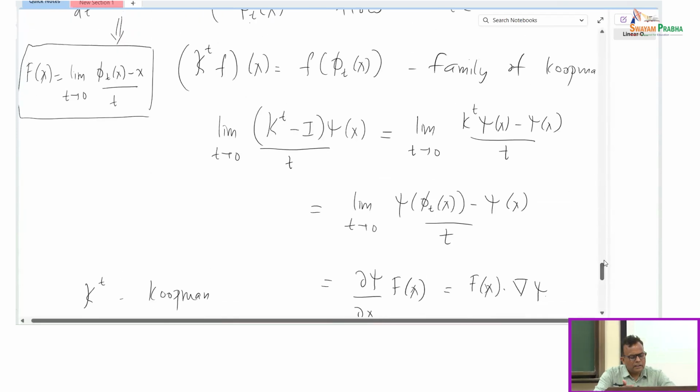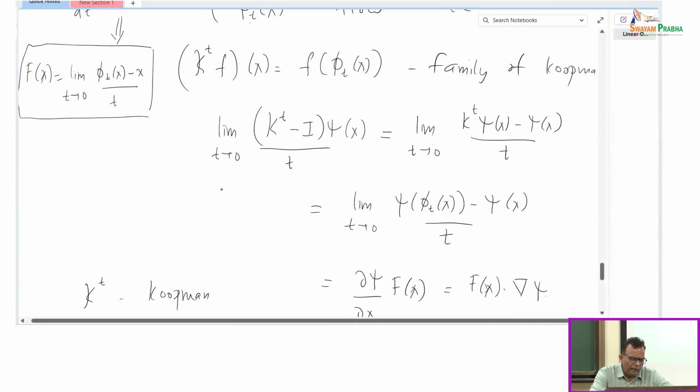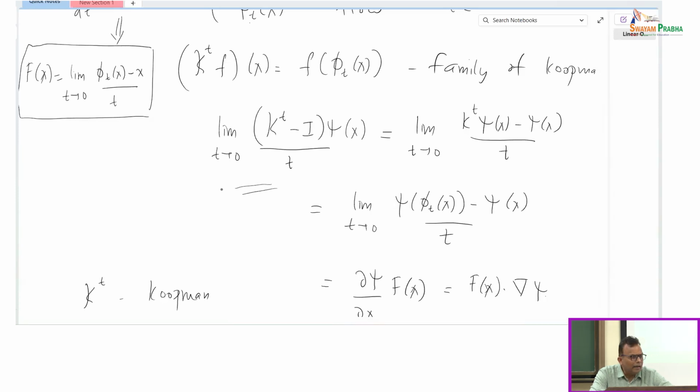Since the continuous time system has a little more structure now, apart from the family of operators itself, one can also talk about the generator of this operator, right? And how is this generator defined? The generator is defined with the following definition: limit t goes to 0 of kappa t minus identity, acting on any function psi, divided by t.